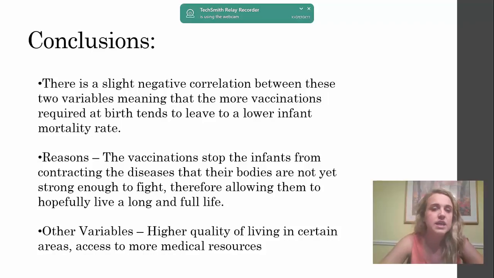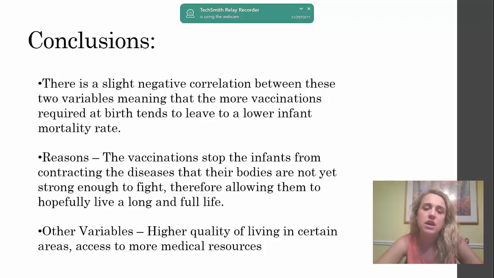So in conclusion, I did find that there was a slight negative correlation between these two variables, meaning that the more vaccinations required at birth tended to create more of a lower infant mortality rate, which is good. Reasons for this are that the vaccinations stop the infants from contracting the diseases that their bodies are not yet strong enough to fight. Therefore, this allows them to hopefully live a long and full life.